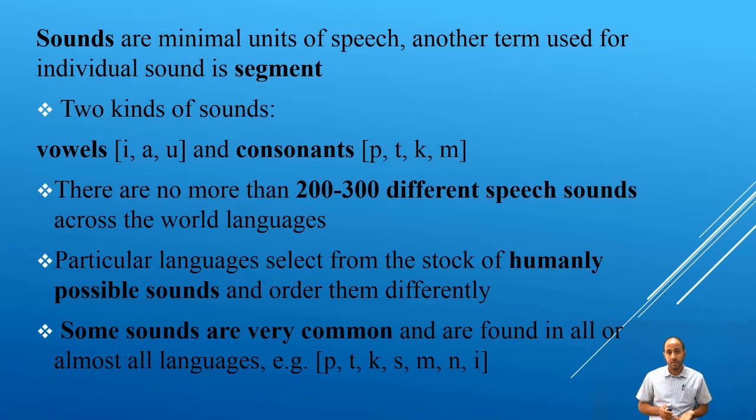The air is obstructed in different and sometimes complicated or critical places in the oral or nasal cavity, but the number of sounds is limited to 300 segments across the world languages. There are no more than 300 different speech sounds for all the world languages put all together.